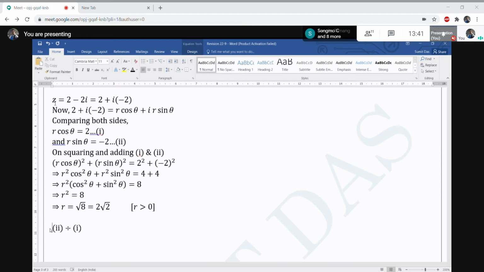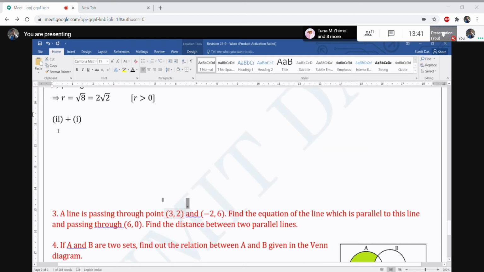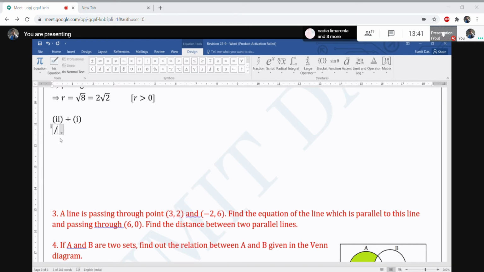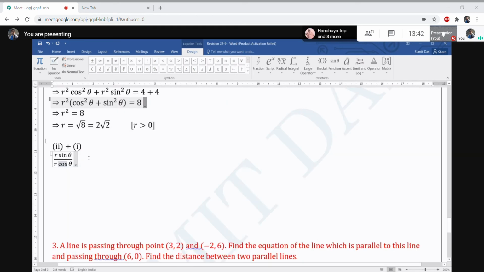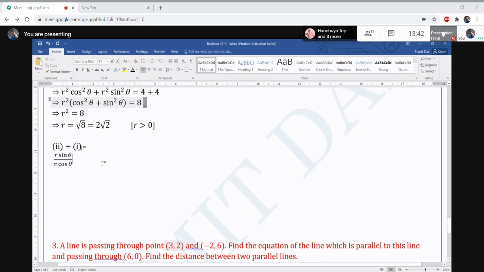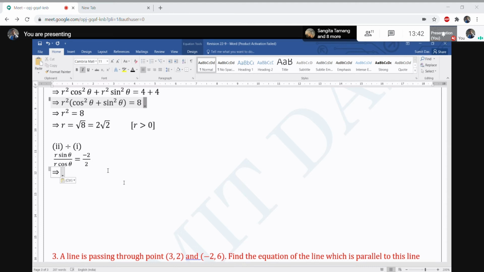In equation 2 we will find r sin theta divided by r cos theta. The r sin theta value is minus 2 and the r cos theta value is 2, so it will be numerator minus 2, denominator 2. Next line, r cancels, sin theta divided by cos theta is tan theta, right? And on the right hand side you will get minus 1.